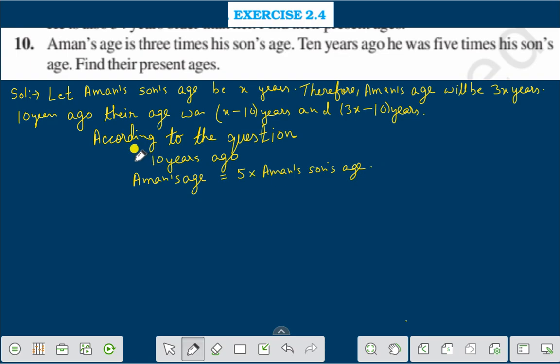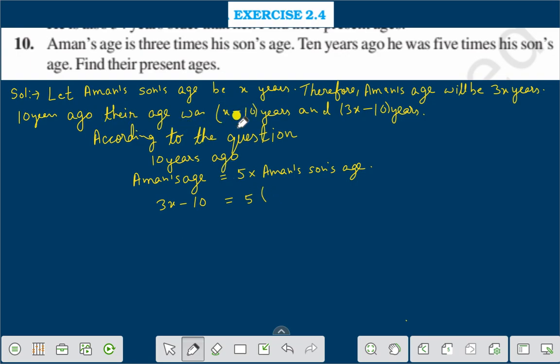Now here you see that Aman's son's age before 10 years is x minus 10, right? And Aman's age was 3x minus 10, and 5 times of Aman's son's age.